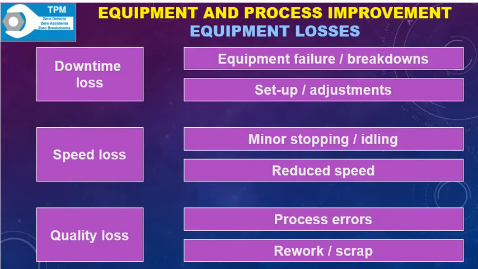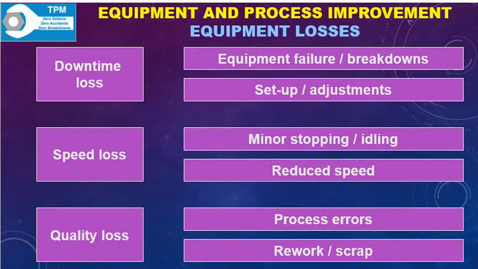How do they come under OEE? Downtime loss is considered in the availability of machines or equipment. Speed loss is considered in the performance of machines or equipment, and quality loss in the quality of the products. What are the downtime losses? Here we shortly discuss the equipment losses.